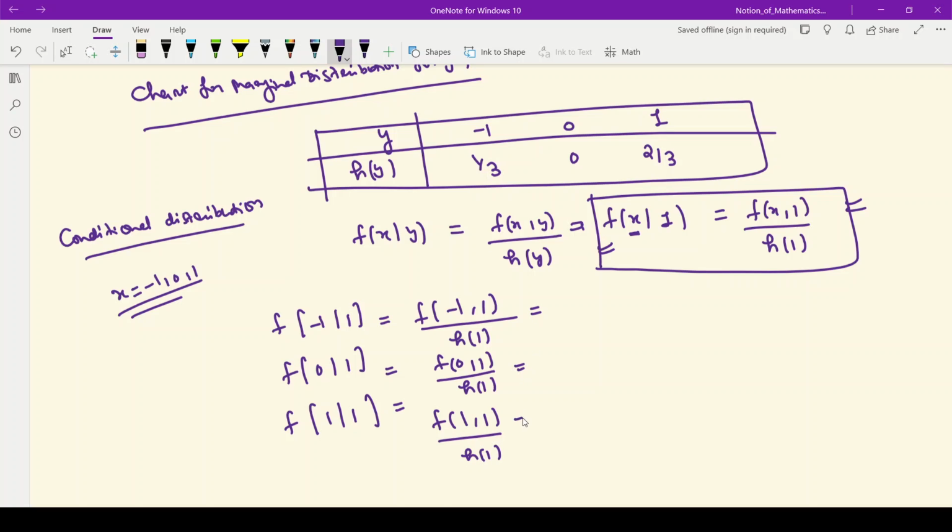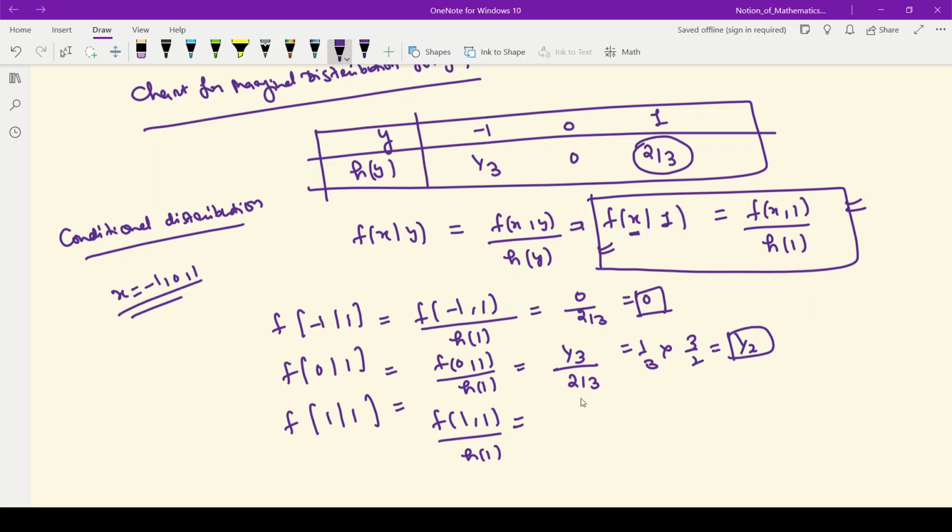So all these values: f(-1,1), if you see in the table, is 0, and h of 1 from the table is 2 by 3, so 0 upon 2 by 3 is ultimately 0. f(0,1) from the table is 1 by 3, and h of 1 is 2 by 3, so it is 1 by 3 into 3 by 2, ultimately 1 by 2.